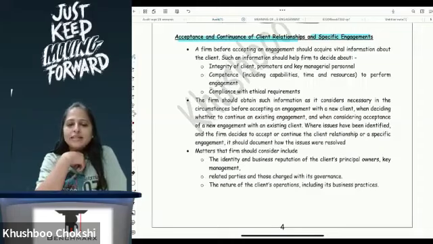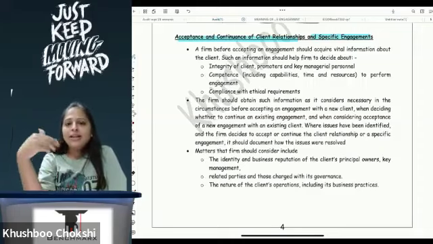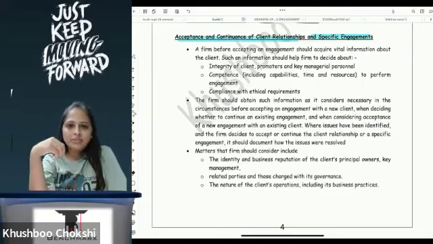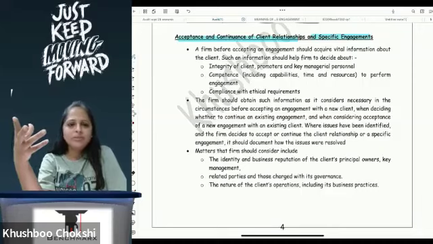So when I am accepting the client, it is my responsibility to check the background of the client, what is the industry, are there any pending litigations, what kind of litigations are pending. See, litigations are always going to be there for companies. So it is not that if there is litigation, I can't take the assignment.